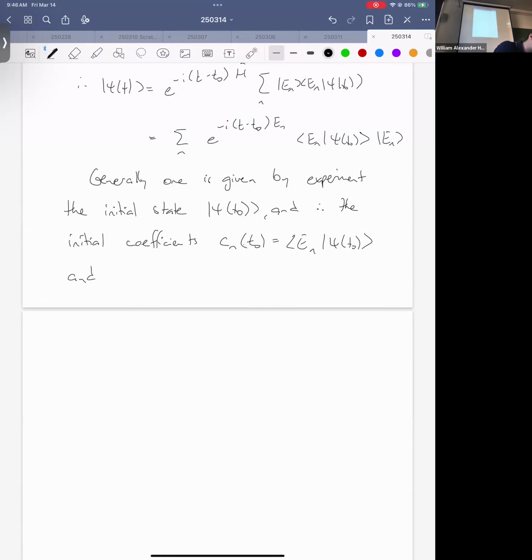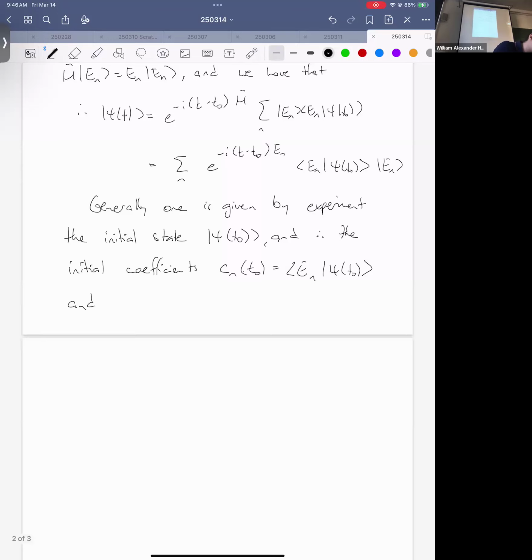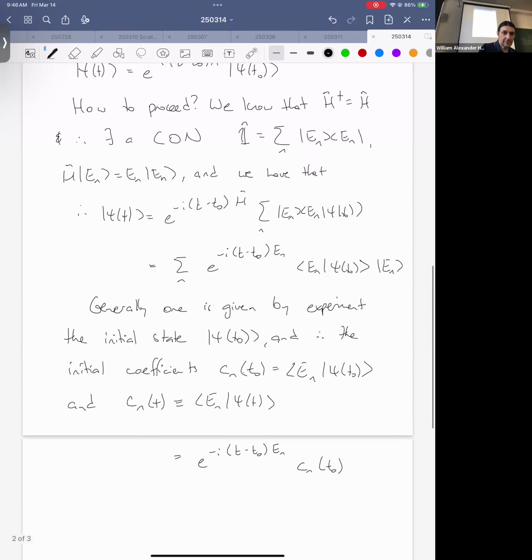And then the coefficients as a function of time, which are the overlap of psi at time t, are simply e to the minus i (t minus t0) E_n, c_n of t0. So that's very nice.